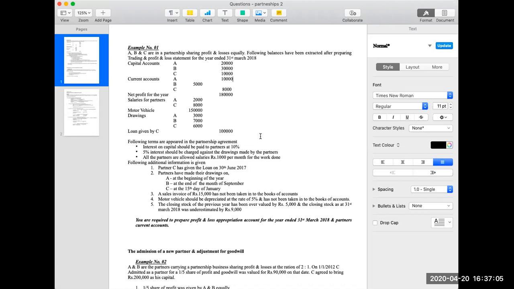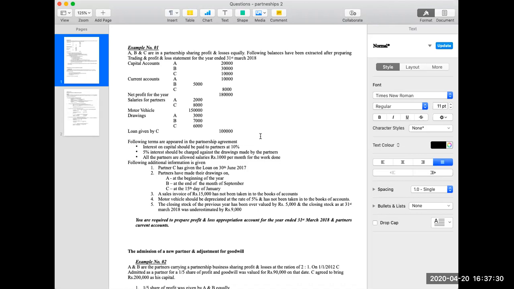So this 5,000 is an expense which is incurred in the normal course of business. Therefore, before we take the profit for P&L appropriation, that has to be adjusted. You have to make another adjustment in your workings.